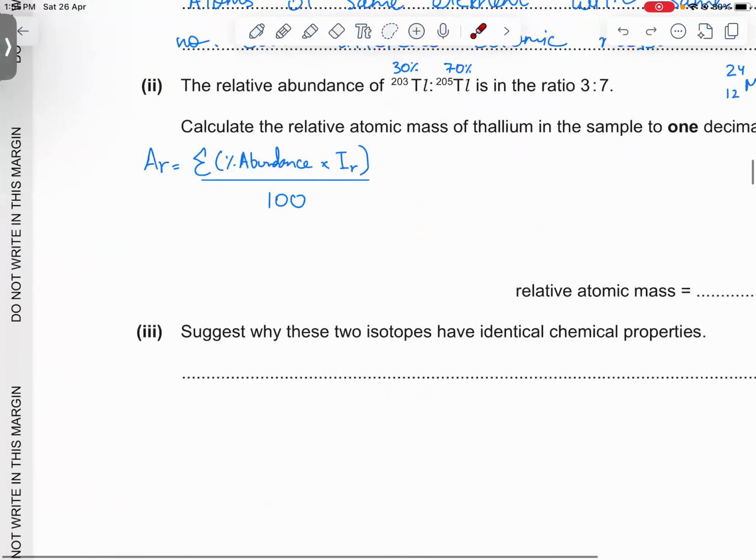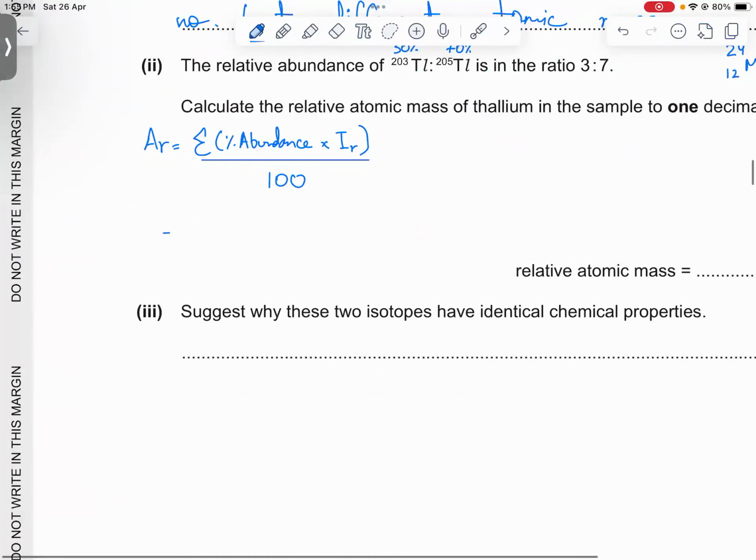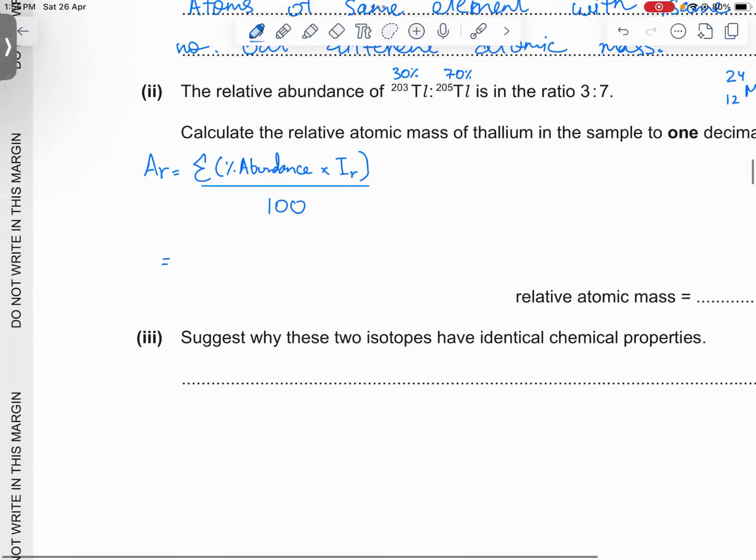For example, for this one I'll just make two brackets. I'll say 30% multiplied by 203 plus 70% multiplied by 205, and then I'll divide by 100.